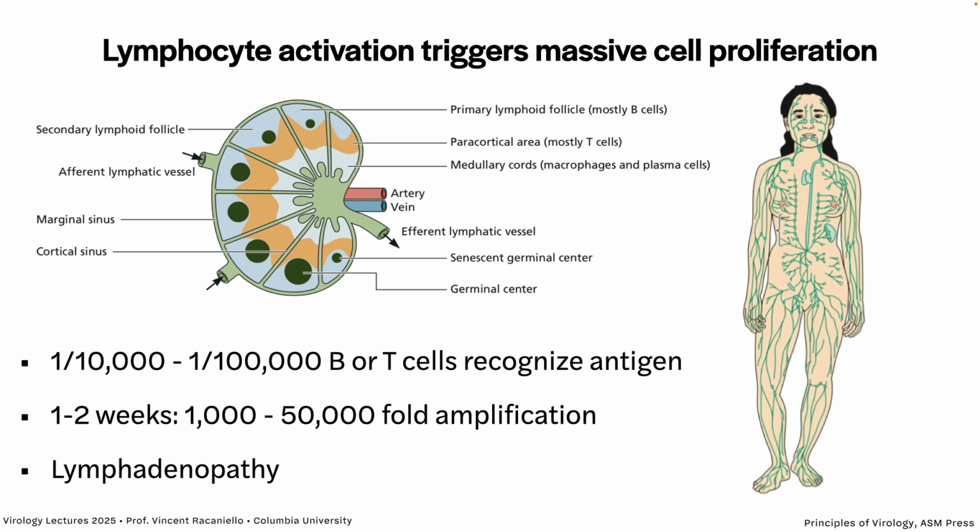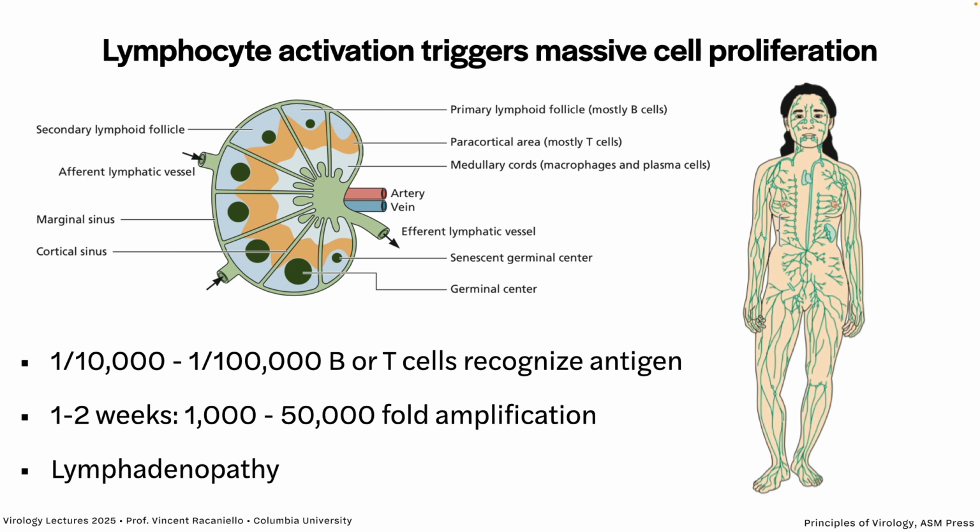Most of them are internal. You can feel the ones under your neck, under your chin, under your armpits, in your groin, and that's about it. The ones deep in your intestine, obviously, you can't feel. So if you have gastroenteritis, you can't feel swollen lymph nodes unless you do very unusual procedures, which you're not going to do. Okay, so that's cool.